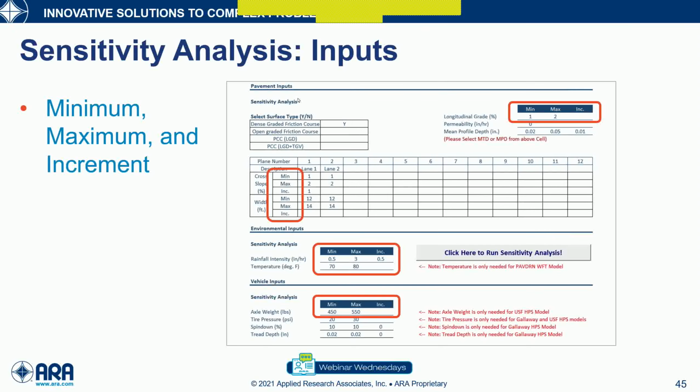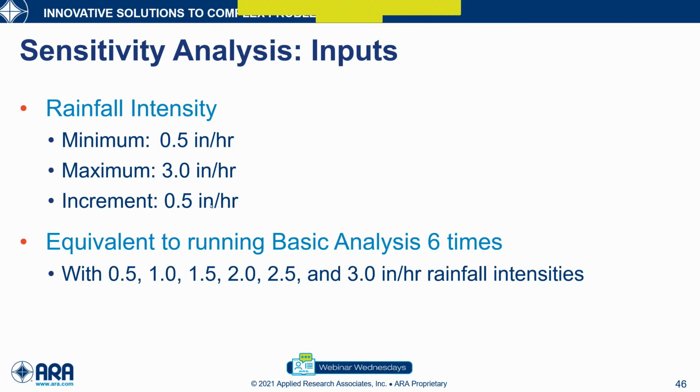And once again, here is a screenshot of the pavement inputs. This is similar to what we have seen before for the deterministic analysis, with the difference that here you will need to input the minimum, the maximum, and the increment. So as an example, let's say that we want to analyze a rainfall intensity with a minimum of 0.5 inches per hour, maximum of 3 inches per hour, and an increment of 0.5 inches per hour.